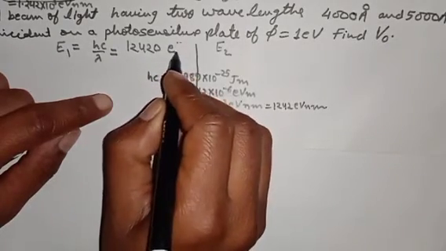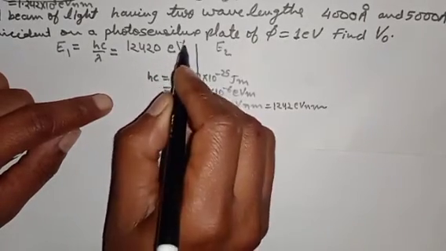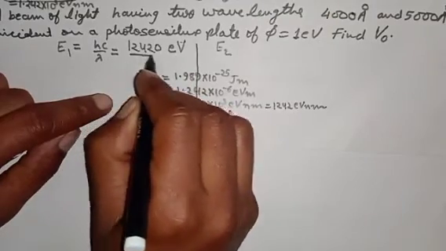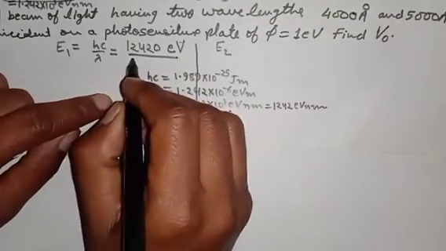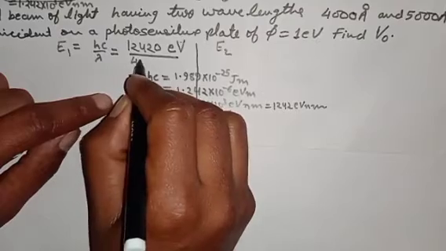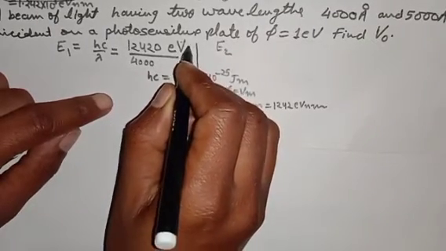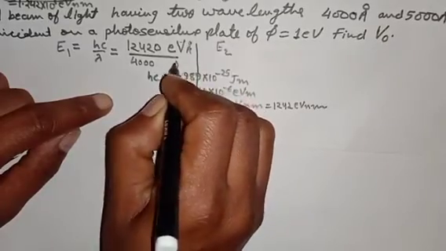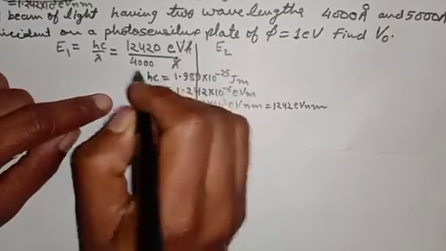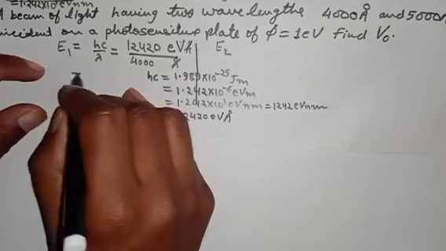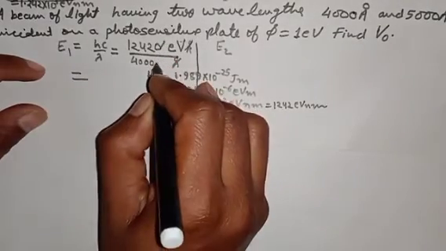The angstrom will get cancelled with the value of lambda, which is 4000 angstrom. If you want, I can write it like this. So the zeros will also get cancelled.